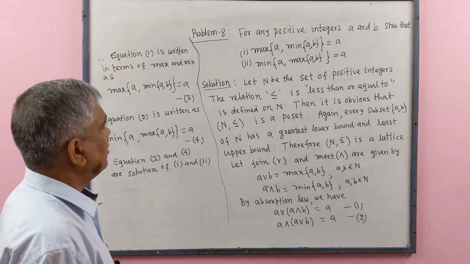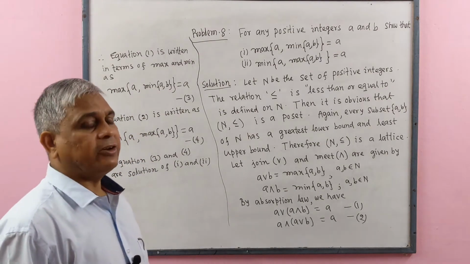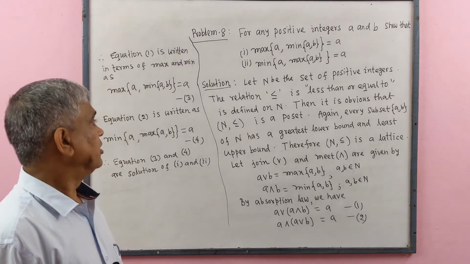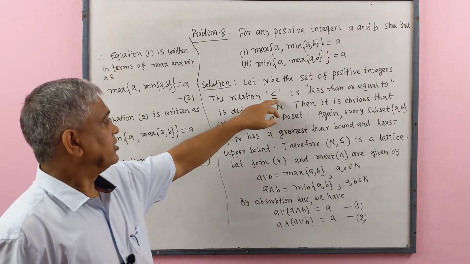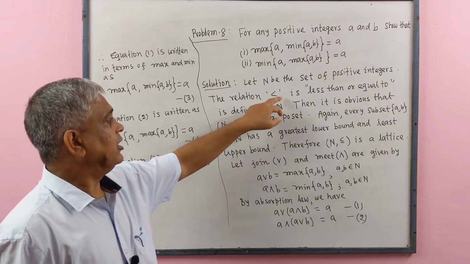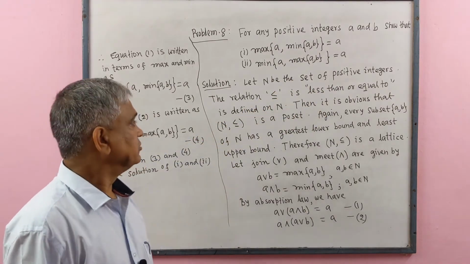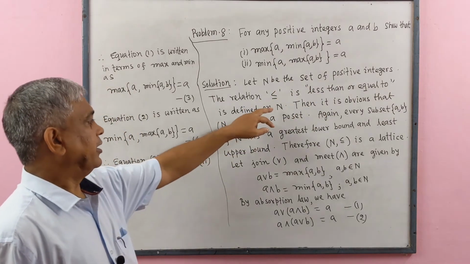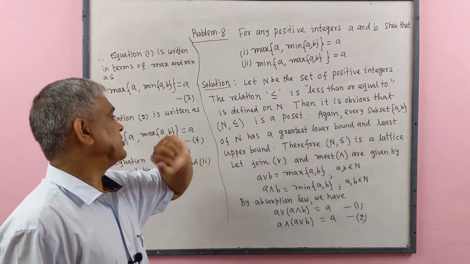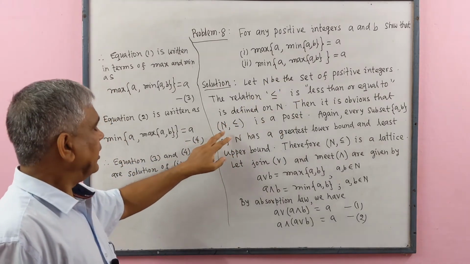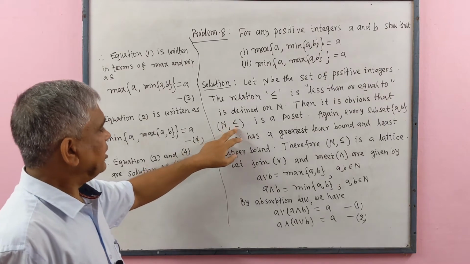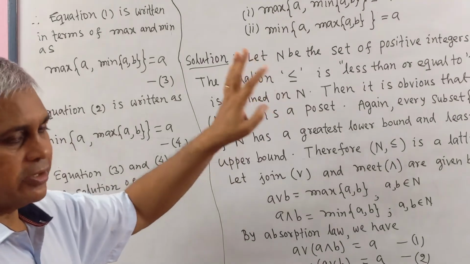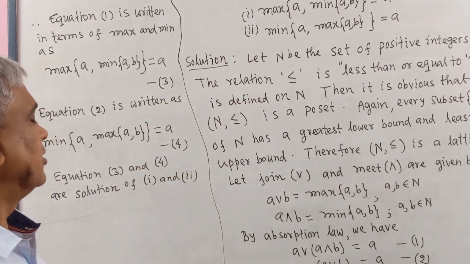Solution. Let N be the set of positive integers. The relation, usually less than or equal to, is defined on N. Then it is obvious that N with the relation less than or equal to is a poset. We have already proved this.